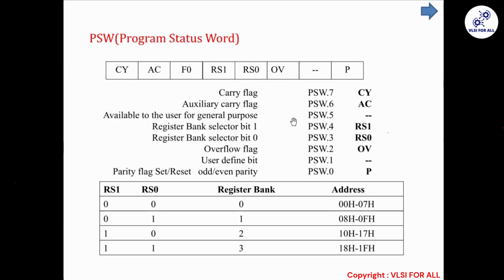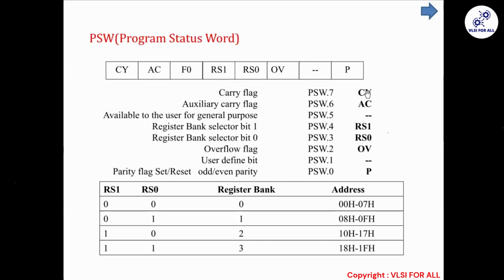If our register is overflowing, then in that case, this flag will be set high. One more bit is again kept as a user-defined bit. And this is the parity flag. P means what? Parity flag. Set, reset, odd, even parity. For showing the parity, we'll check that parity operation. So this flag has been used here.